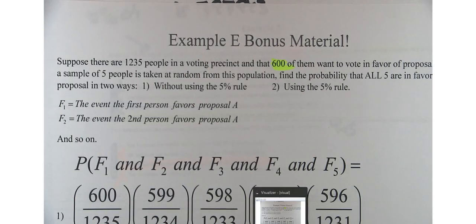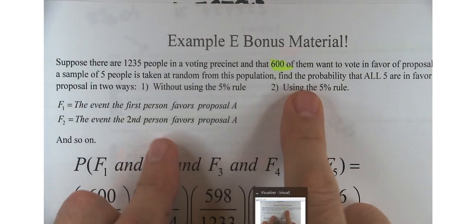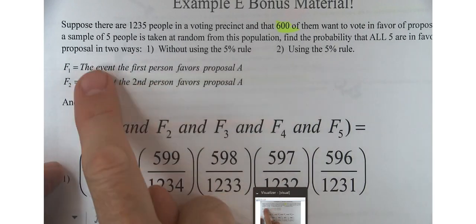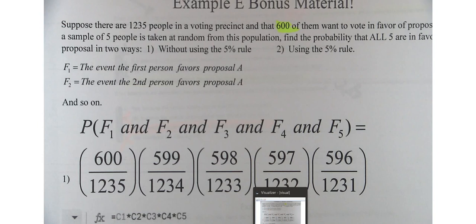Let's see if we can find the probability that if we sample 5 of these voters, they all favor proposal A. So here's my notation. F1 is the event that the first person favors proposal A. F2 is the event that the second person favors proposal A, etc.